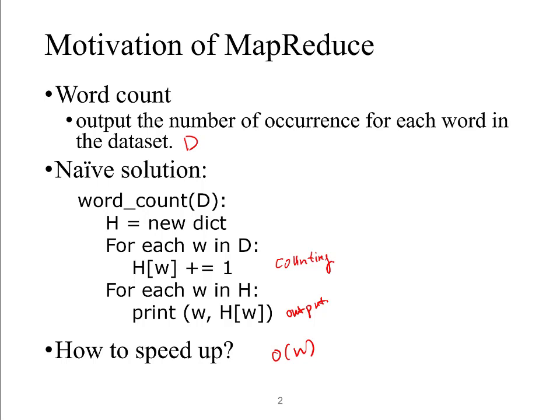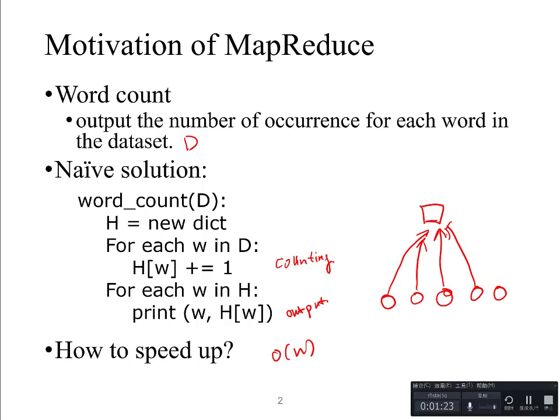Like the data nodes here, if the client wants to do this word counting, it would read the blocks from different data nodes and do the counting, which will also bring a large amount of network communication cost as well.